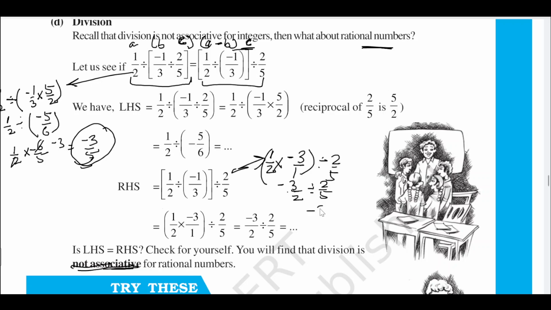Now minus 3 by 2 into this will turn upside down, into 5 by 2. It is going to be minus 15 by 4, which is obviously not equal to minus 3 by 5. So you can check and find out that division is not associative for rational numbers.